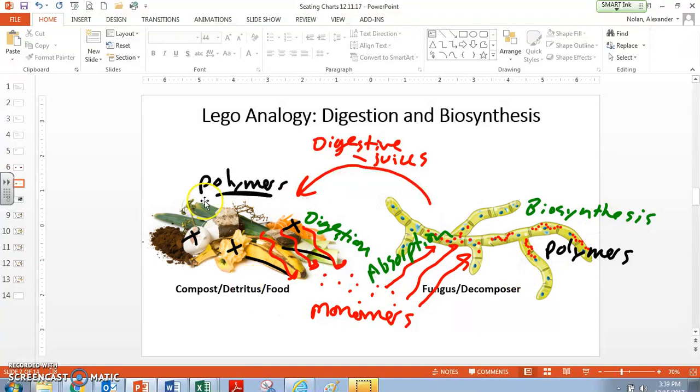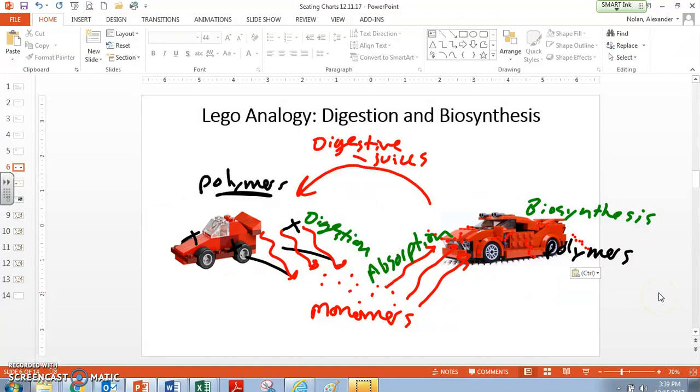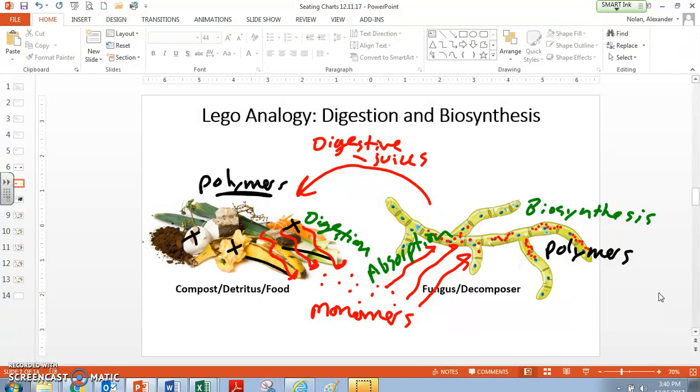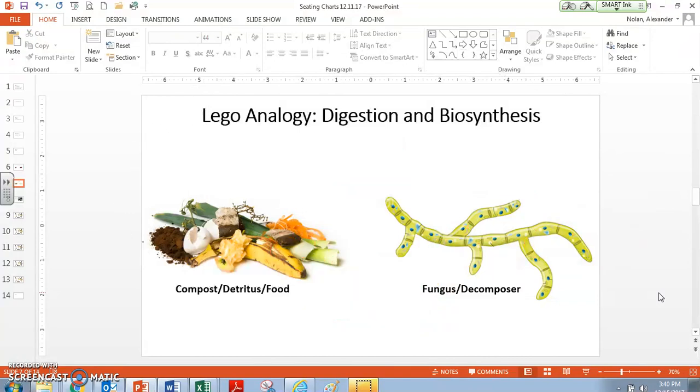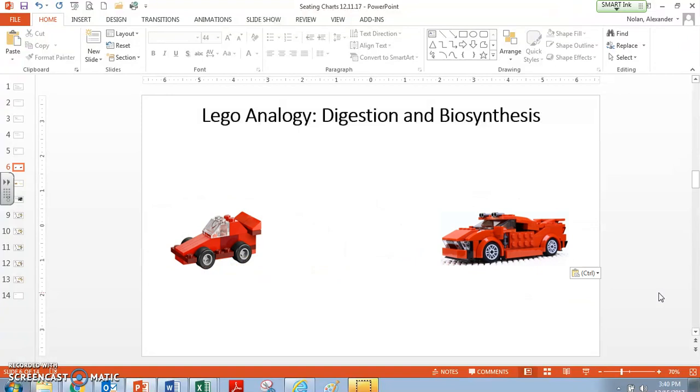But here we have our food, which is being broken down to monomers and then made into polymers inside of our decomposer. So that's how our analogy is meant to compare these two things. So I hope that that's illuminating, and you can use that to help make a little bit of sense out of how in the world Legos have to do with digestion and biosynthesis.